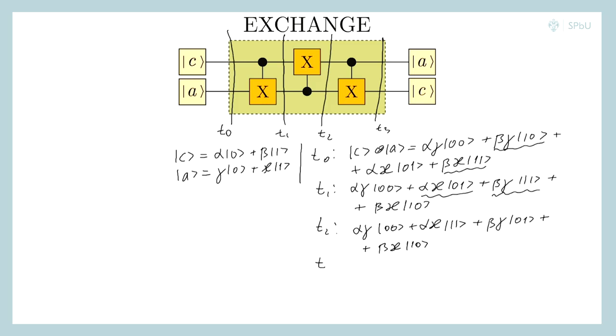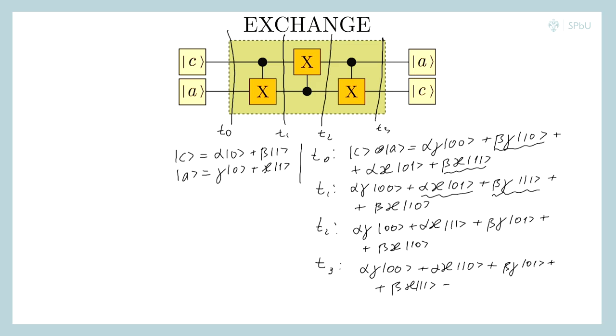At the output of the exchange element, we have the following state at the moment t3: alpha gamma 0 0 plus alpha kappa 1 0 plus beta gamma 0 1 plus beta kappa 1 1.